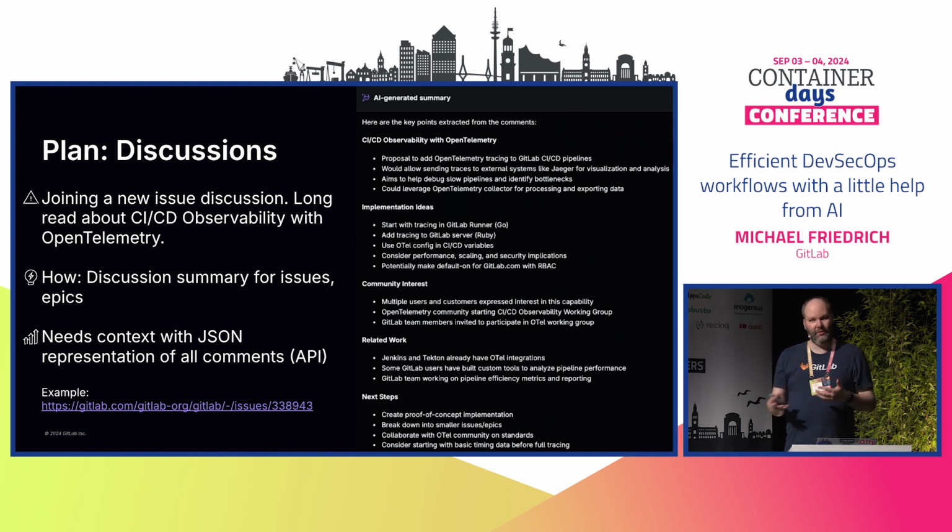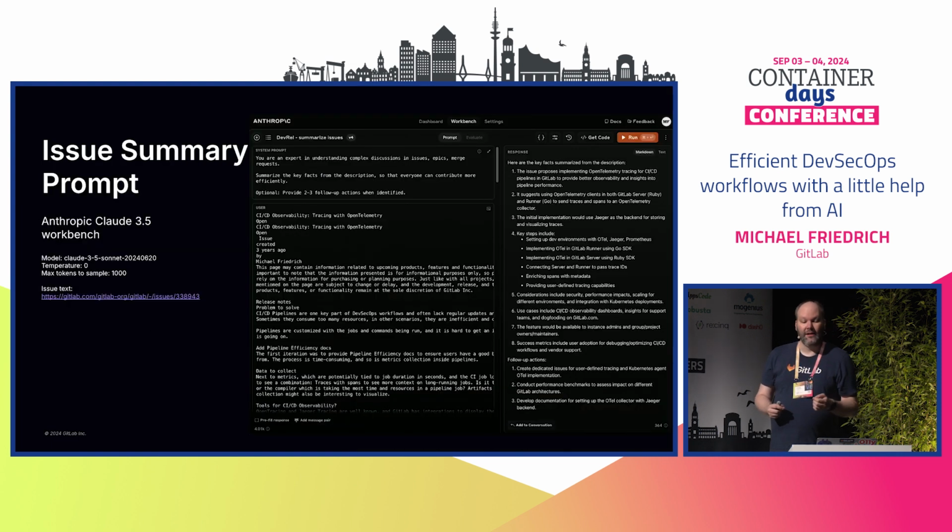As an example, many years ago, I wanted to bring OpenTelemetry into GitLab CI/CD, and the issue is meanwhile quite long, but I was able to use AI to summarize the specific issue description and the discussion, and also ask what could be actions from that, what is the planned work, what are the next steps, and so on. But again, another use case for that.